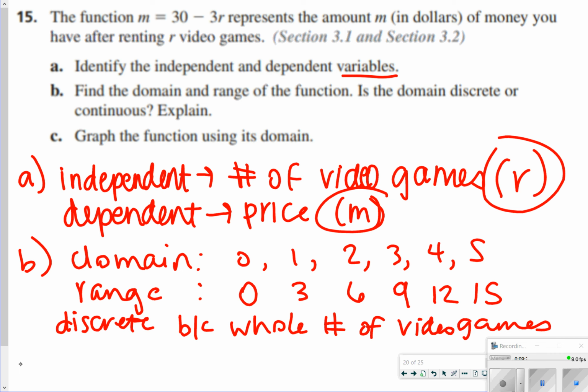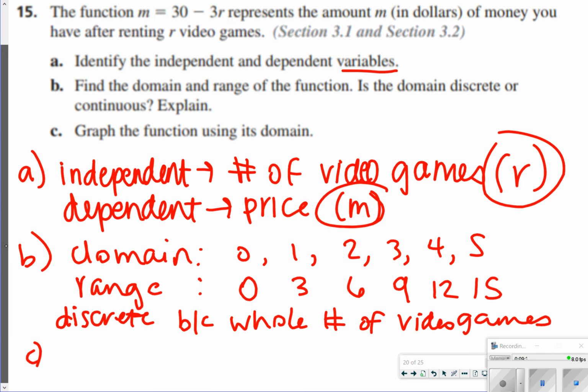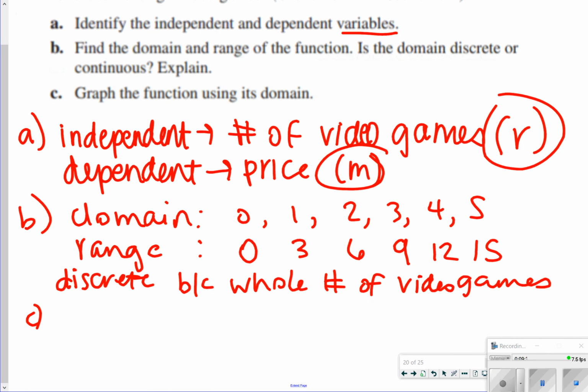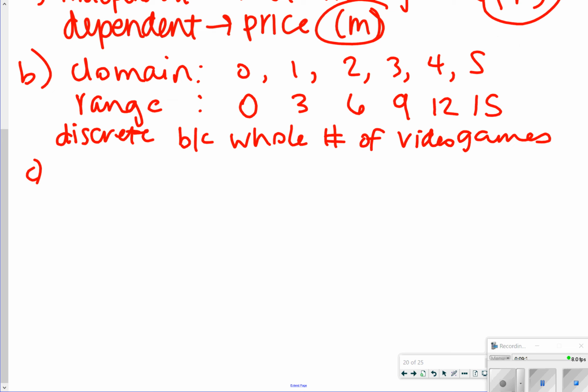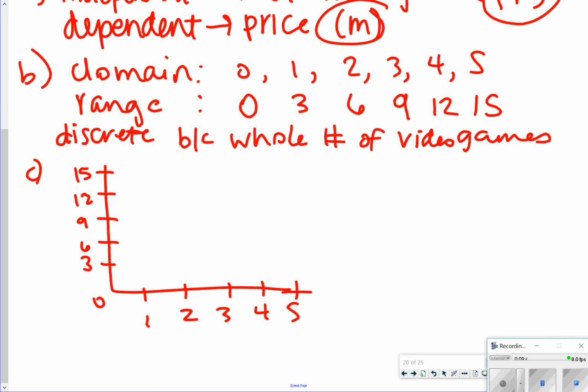And then for C, whenever you graph the function, that would essentially be, I'm going to kind of rough sketch here. So when you start, you still have your $0. So 0 movies represents $30. If you take away 1, that'd be about 27.